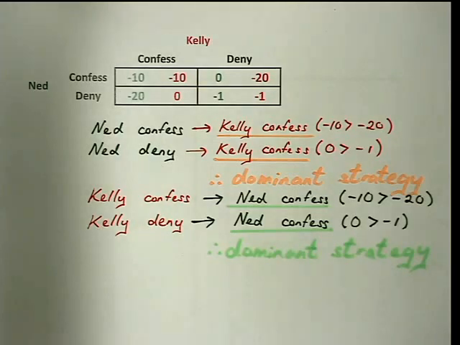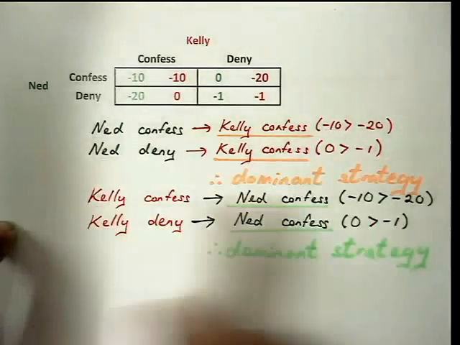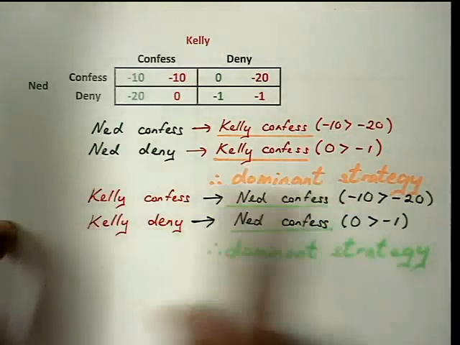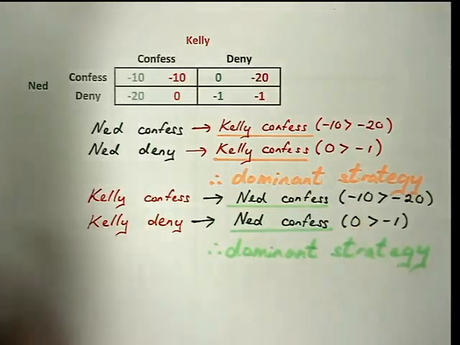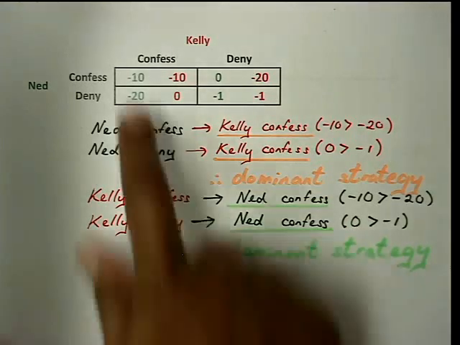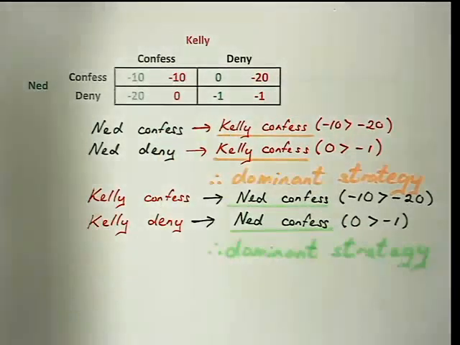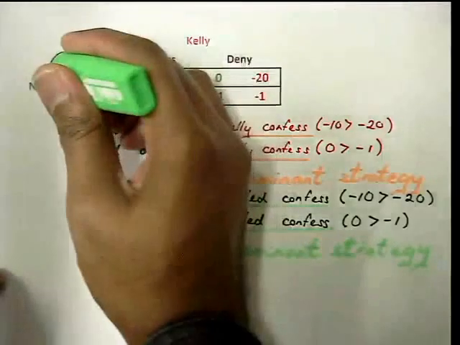So the procedure is you've got to write the 4 lines like this. Analyze each possible move and then the possible reaction by the other player. You've got to write the 4 lines out. You can't just look at the grid to find the Nash equilibrium. Ned will definitely confess.